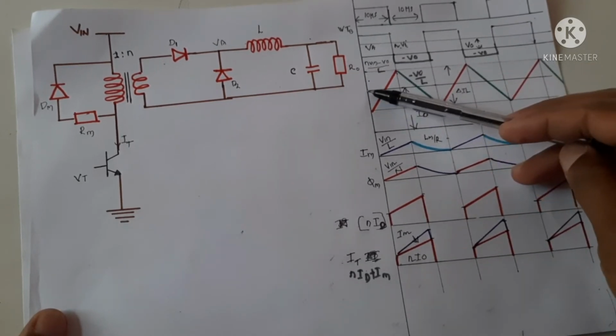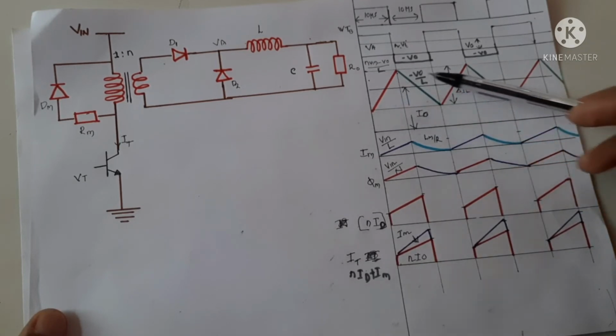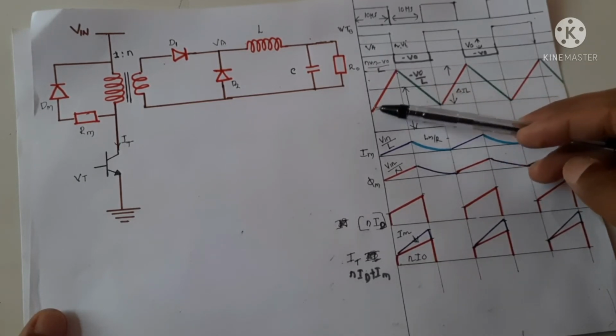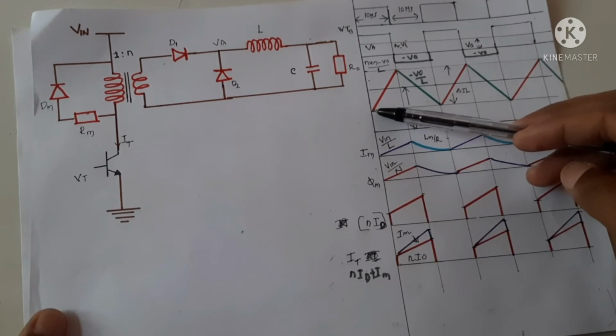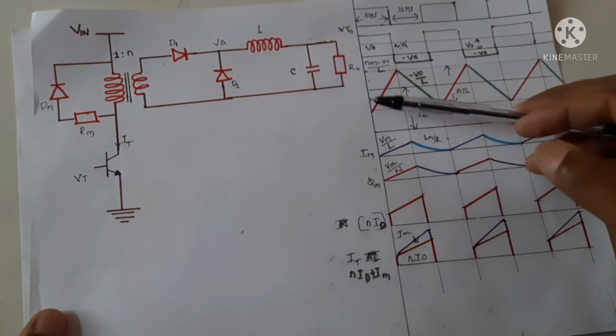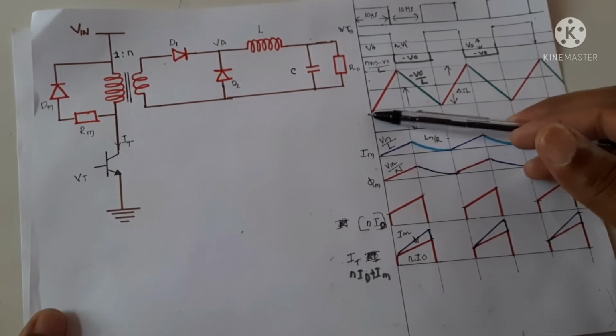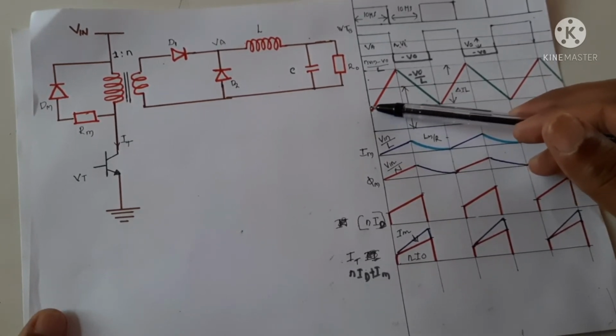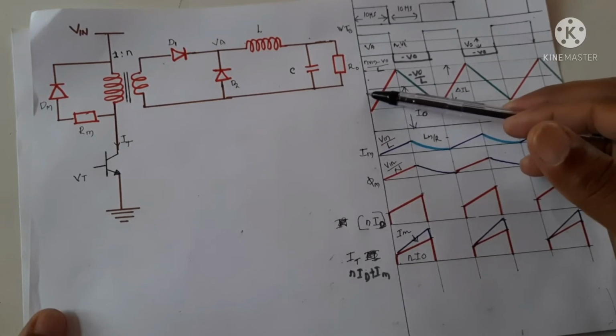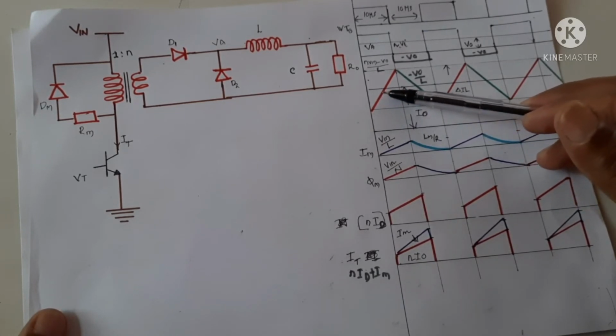Here we say that we want this amount of current, but actually the inductor is giving only this much current. So the extra current is provided by the capacitor. That means maximum current is provided by the capacitor during this time. As the inductor current increases, the contribution from the capacitor decreases.